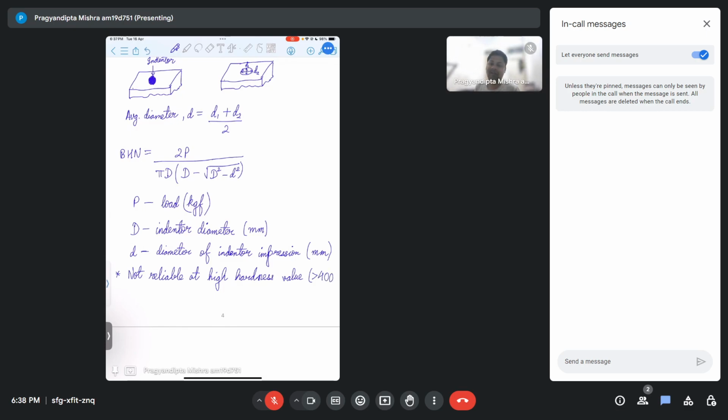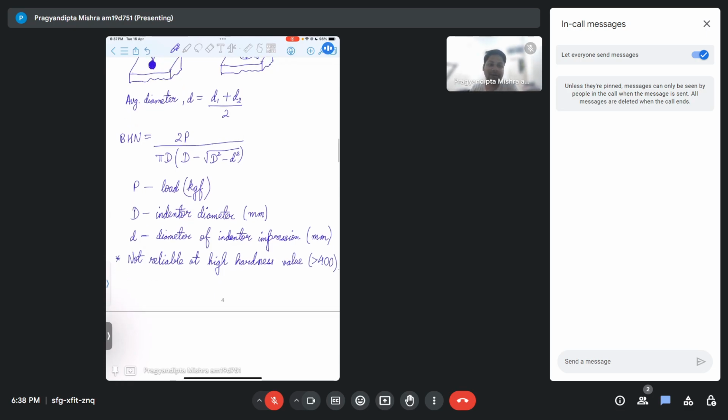What will happen in thin samples is if we are pressing it down too much, the sample will bend or something will happen to the sample. So it will not just be an indent impression, but other kinds of effects will also take place. So the hardness number that you will get will not be a very correct value. So you will not be able to measure it for thin samples.